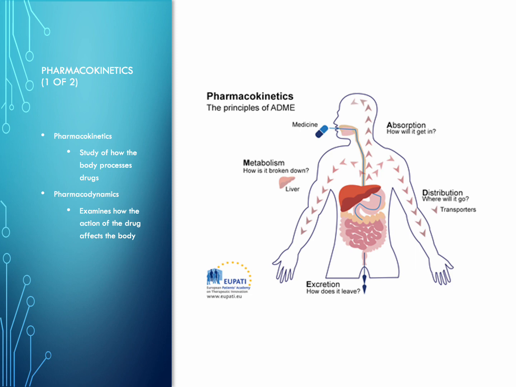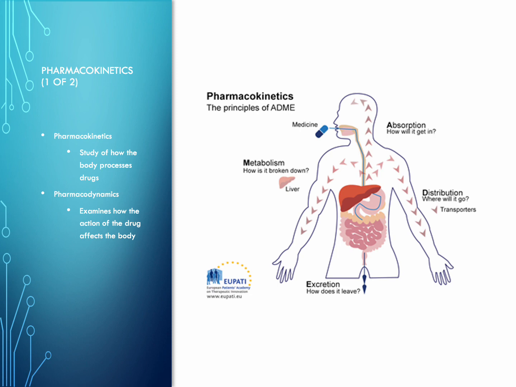Pharmacokinetics is defined as the study of how the body processes drugs, whereas pharmacodynamics examines how the action of the drug affects the body. So pharmacokinetics, how the body acts on the drug, and pharmacodynamics, how the drug acts on the body.